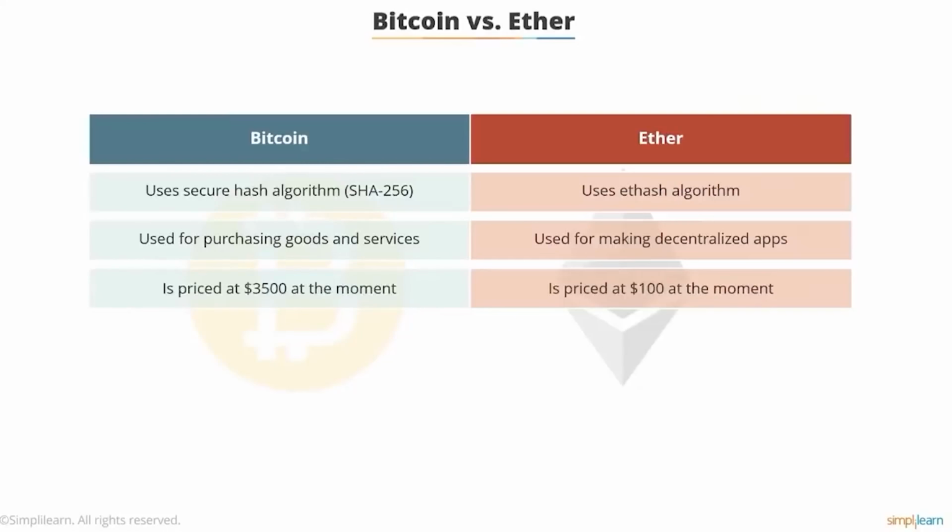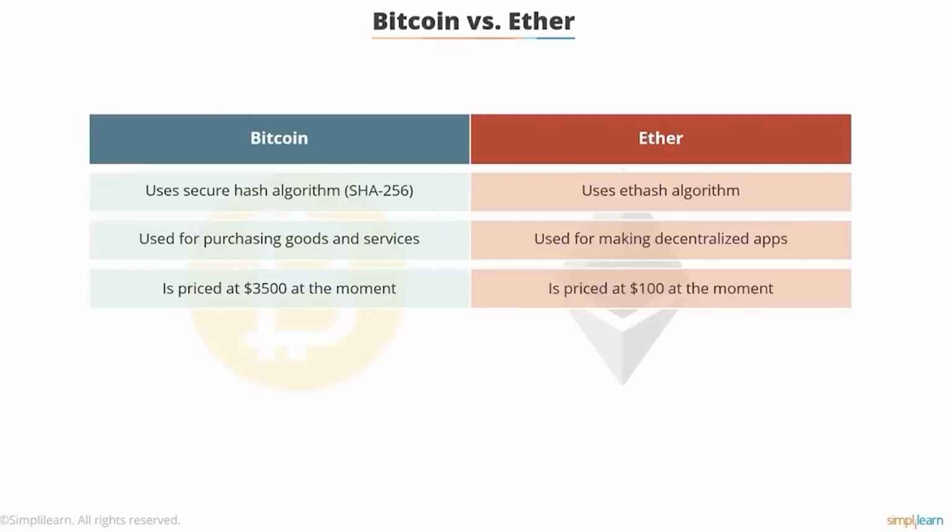Currently, the price of BTC is approximately $3,500 while that of ETH is approximately $100. The market cap of BTC is almost 6 times greater than that of ETH, even though ETH has a higher circulating supply.